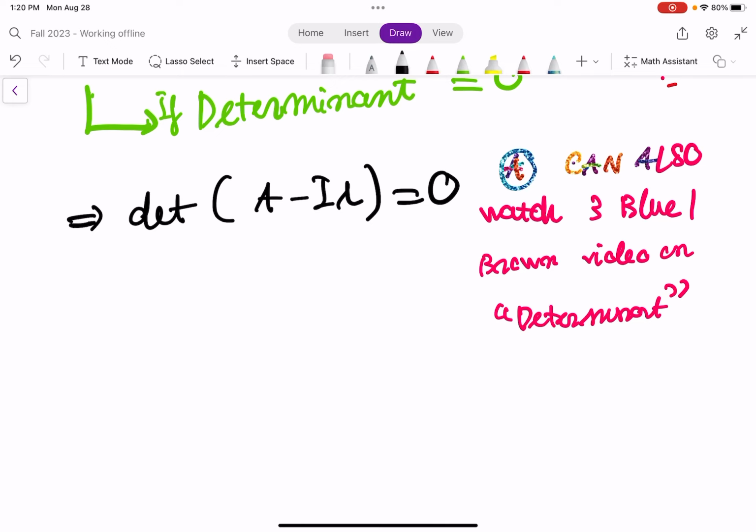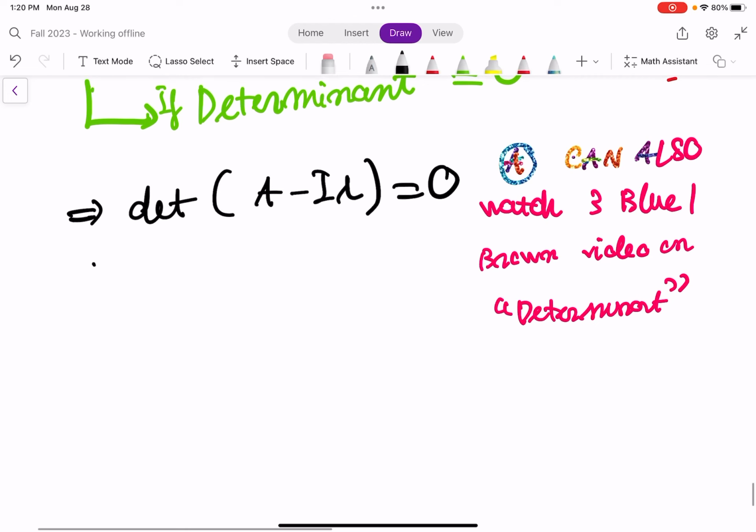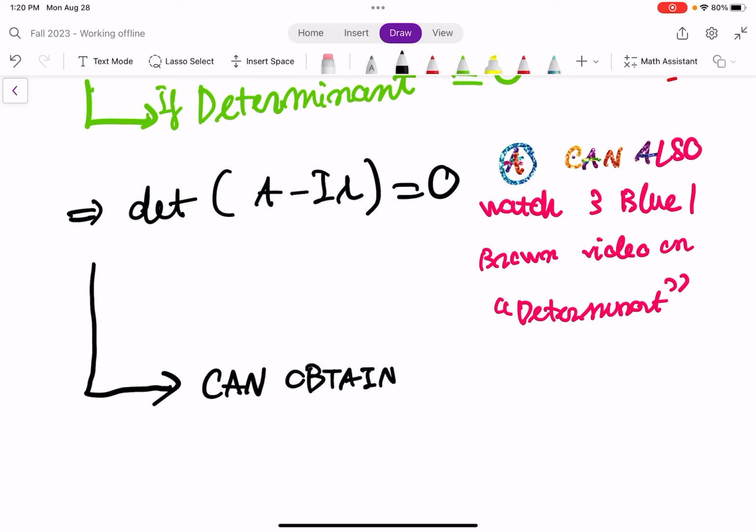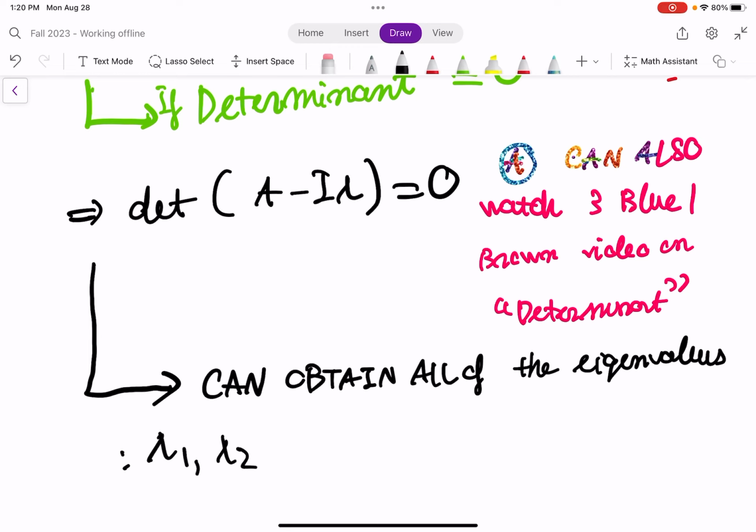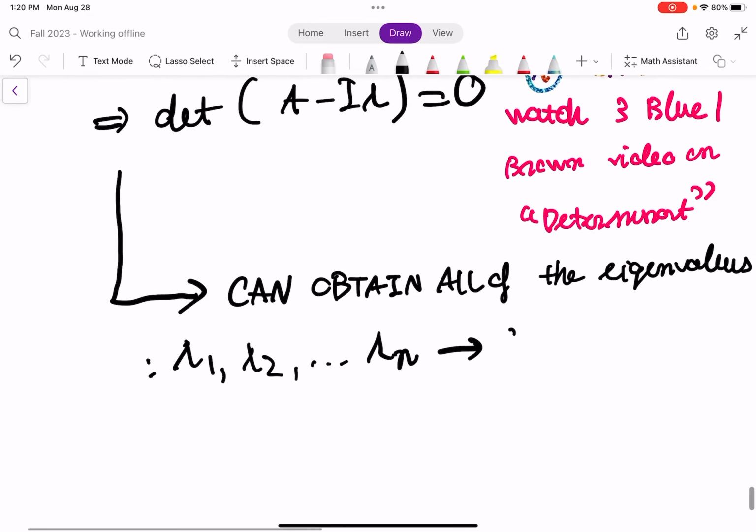So if you solve the determinant, which you can watch in detail in the videos on Khan Academy also, you can obtain all of the eigenvalues. What I mean is lambda 1, lambda 2, all the way to lambda n. And then you can get the eigenvectors.